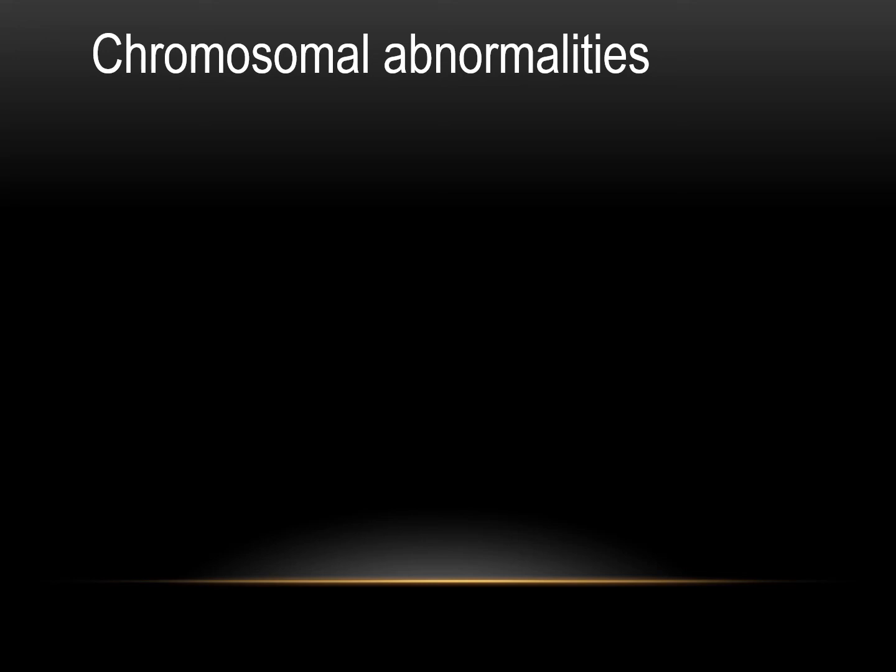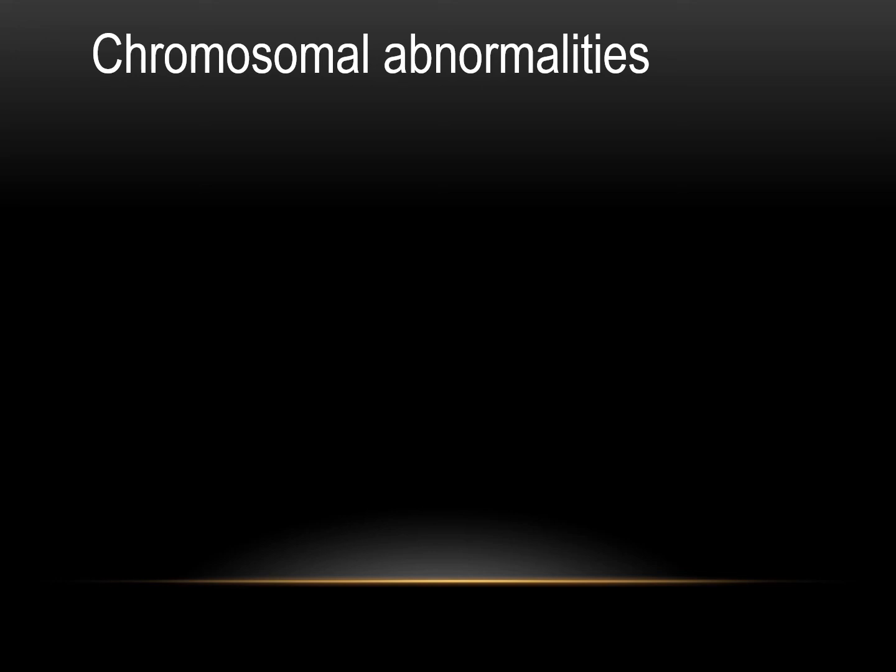Lastly, let us touch on the concept of chromosomal abnormalities. So earlier on in this video, I mentioned that we can have Down syndrome occurring in an individual, and that's a chromosomal abnormality caused when we have an extra copy of chromosome number 21. But how does that actually take place?